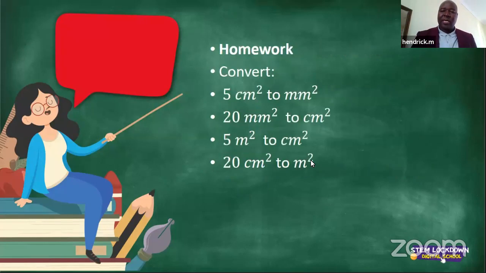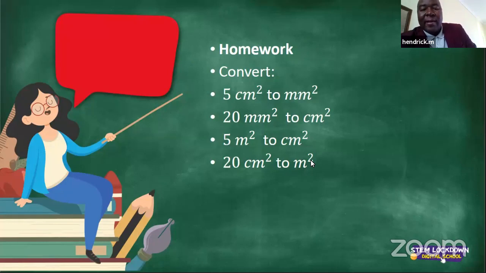And of course, I've got work here which I want us to do. Convert the following. This is your homework. Convert 5 square centimeters to square millimeters. So you need to change centimeters to millimeters. If you have 5 square centimeters, how would you change that to square millimeters?